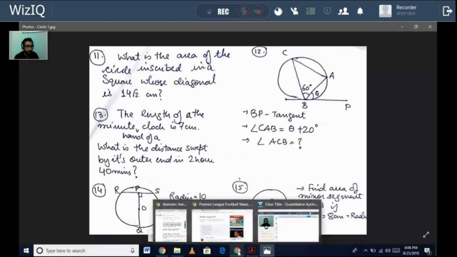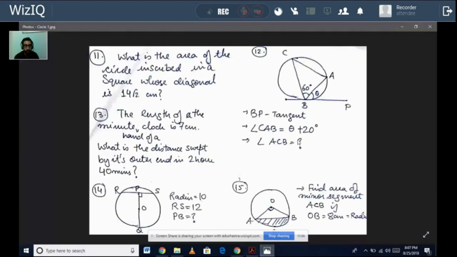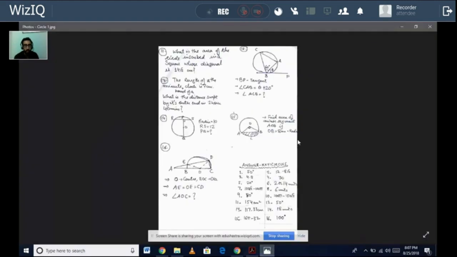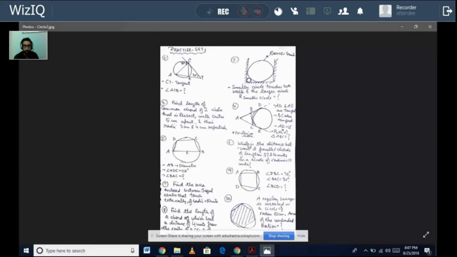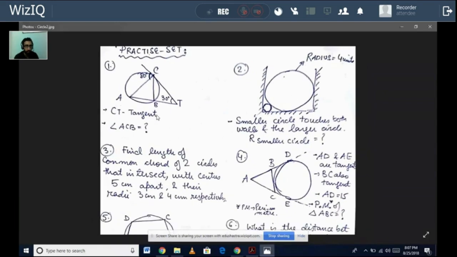Yes, indeed. 50 is the right answer, guys. Okay, what about another question? Nothing very difficult right now. What about question number 1? I hope it's visible.